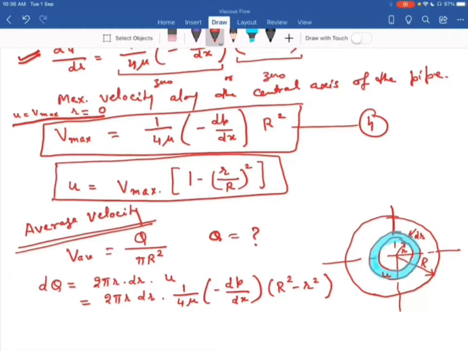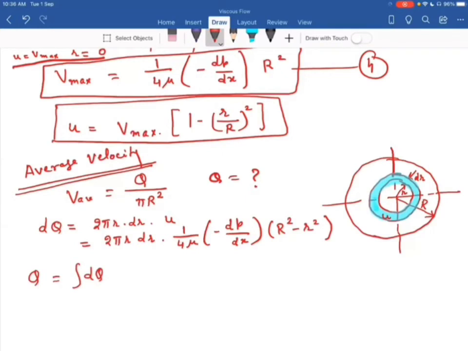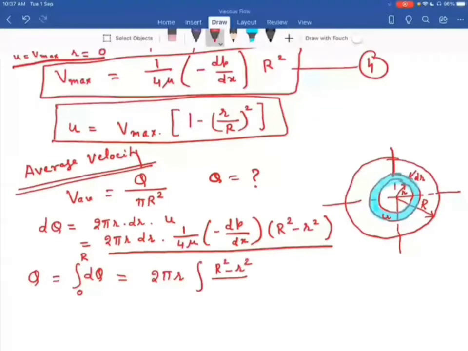Now I find out the total discharge Q, that is the integration of dq. The limits are when small r varies from 0 to capital R. So I integrate this relation and put the limits 0 to capital R. I write it again: 2 pi, r constant, outside, R square minus r square divided by 4 mu, then minus dp by dx.